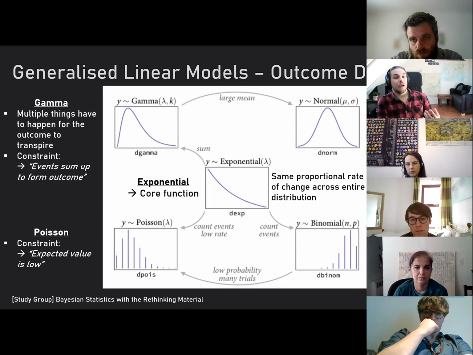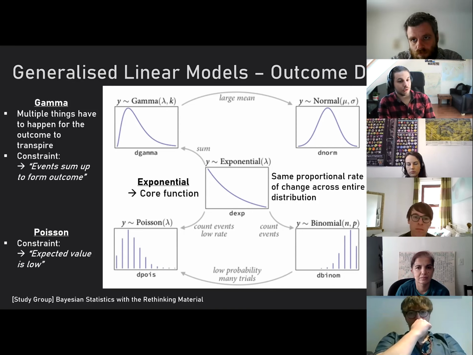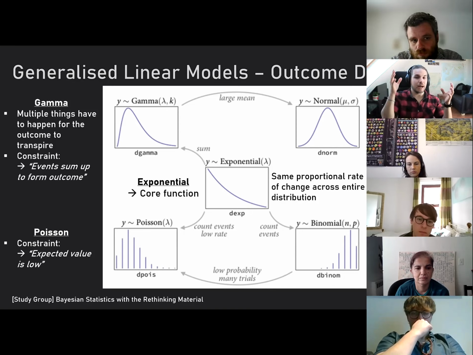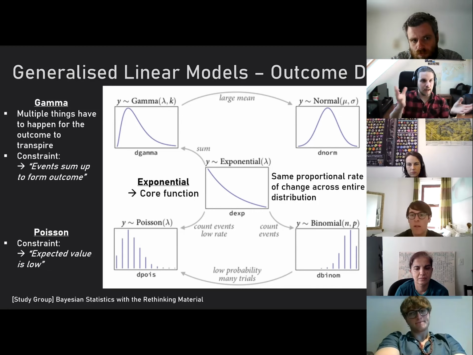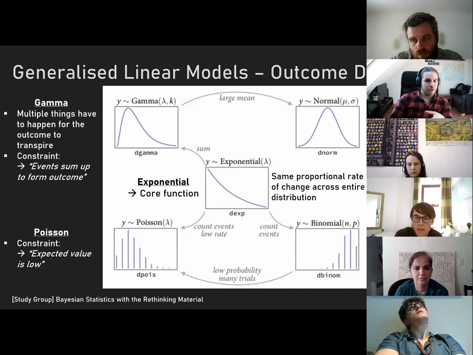Now, if we have many trials but a low probability, we would move to a Poisson distribution, where the expected value is low. Because a Poisson distribution, instead of being driven by n, the number of what we observe, and p, a constant probability to observe it n times, is simply driven by lambda.